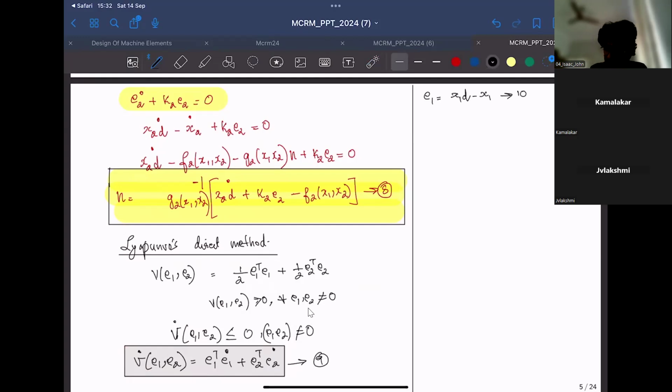So then what would this E1 dot be? E1 dot would be x1 desired dot minus x2 dot. We'll leave that aside. And what is this x2?